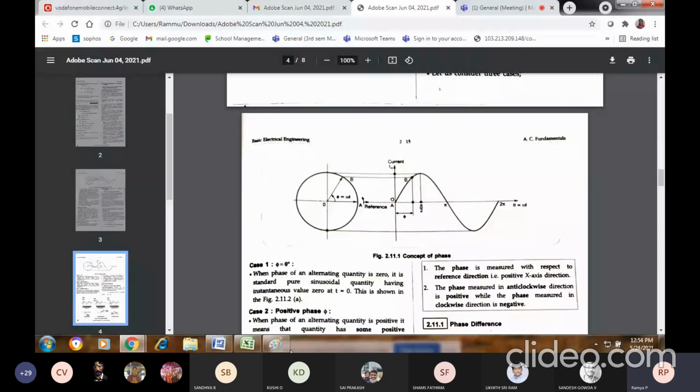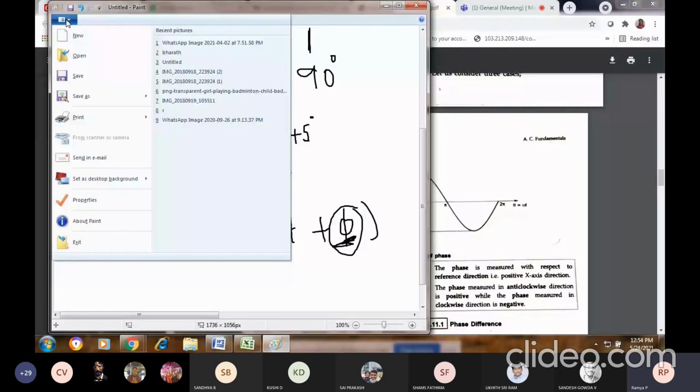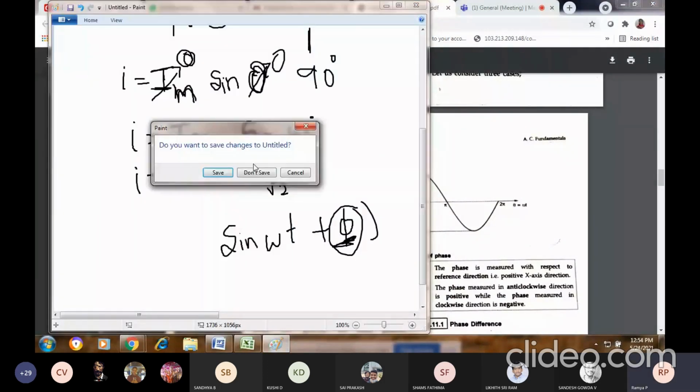One second, I will draw and show you here. Assume that I have a waveform here. At time t equals 0 only, I am going to consider this with respect to time, and this is my voltage or current. I will indicate either voltage or current, for any of the equations.